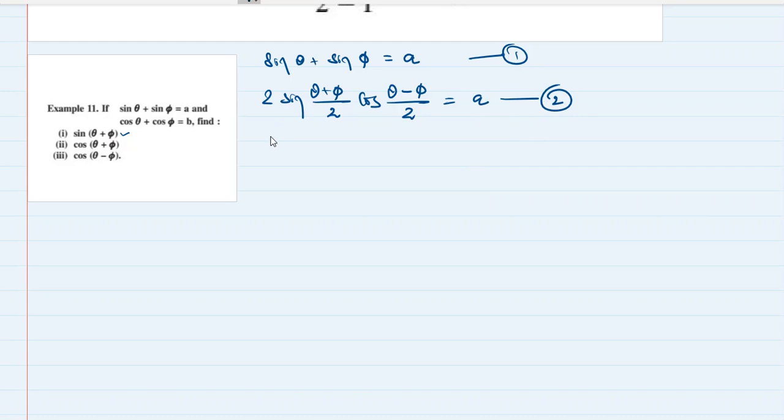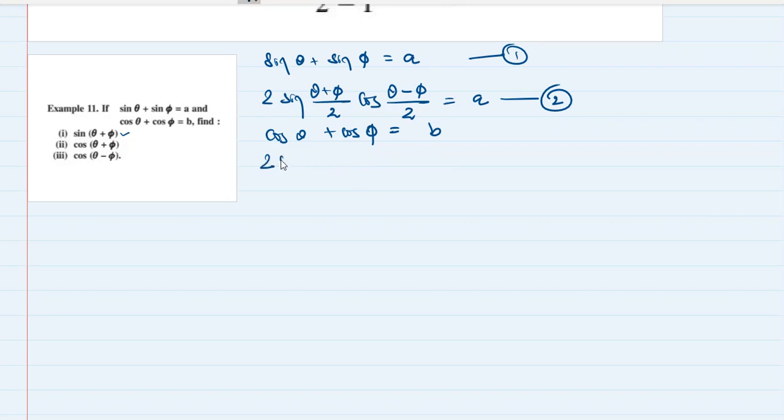Then we have the information cos theta plus cos phi is equal to B. Cos C plus cos D formula. What is cos C plus cos D? 2 cos (C plus D) by 2 cos (C minus D) by 2. In cos we have doublets always.